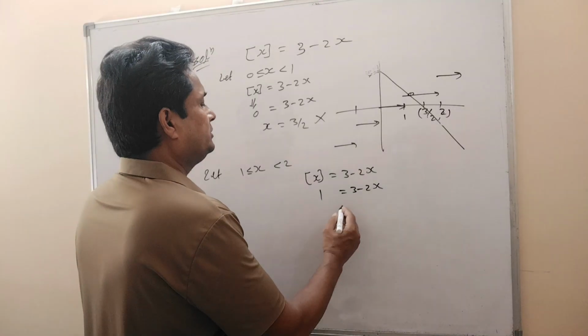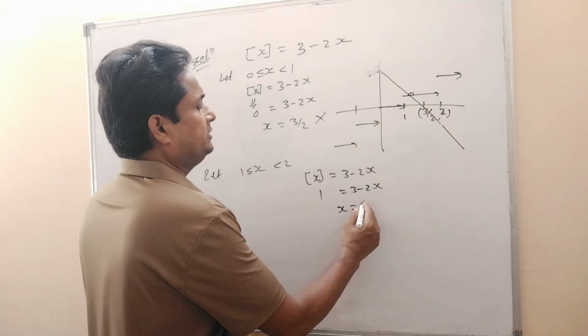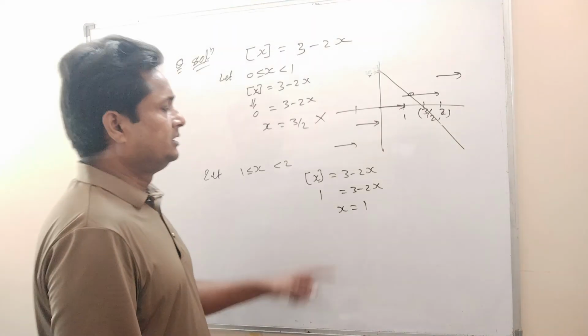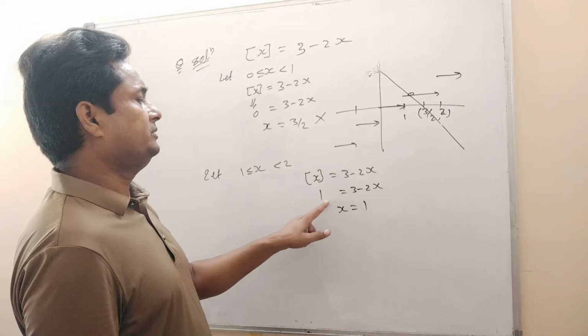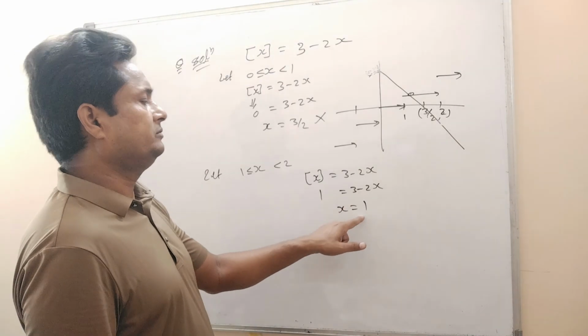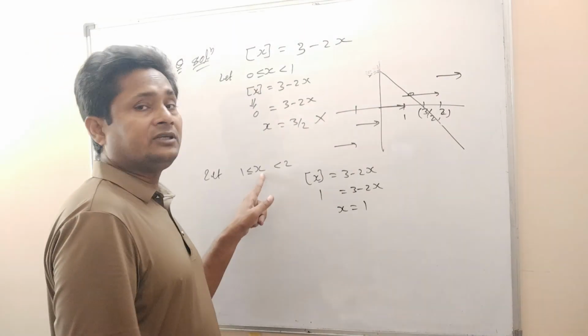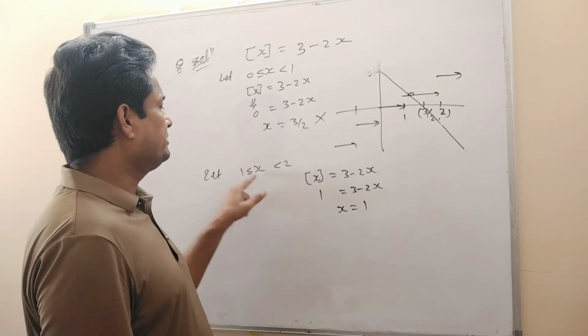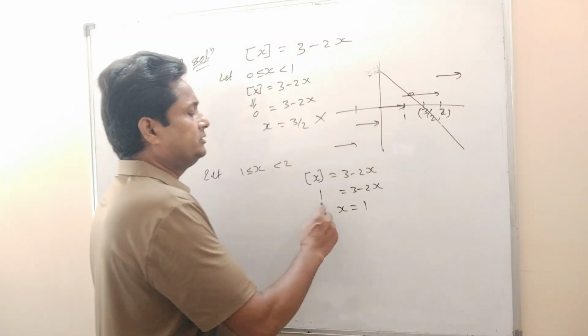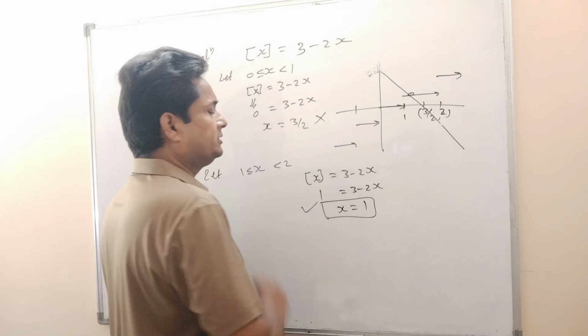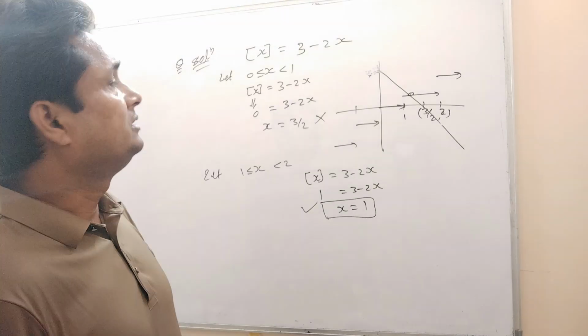Subtracting, this will give you x equal to 1. Check whether x equal to 1 lies in this interval or not. X equal to 1 does lie in this interval, so this is our solution.